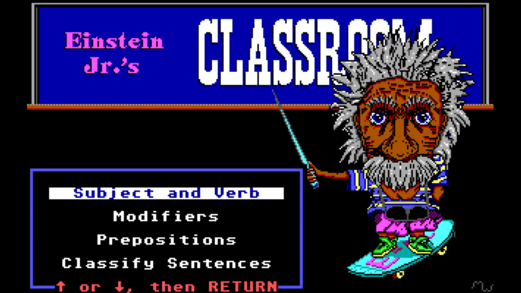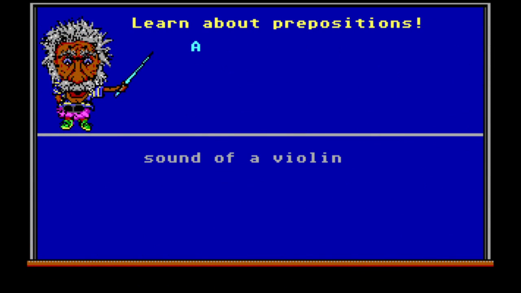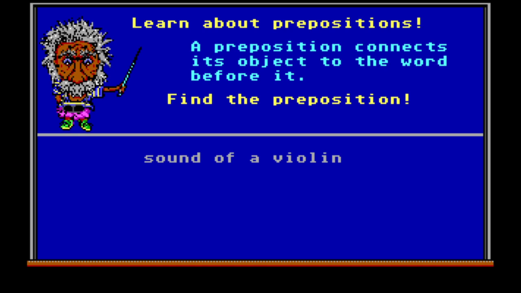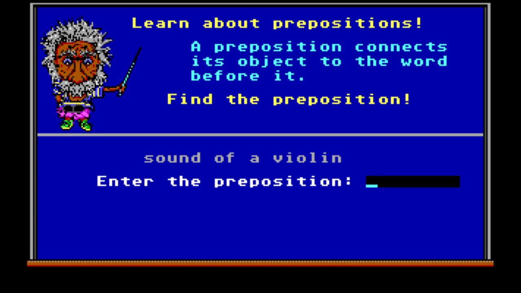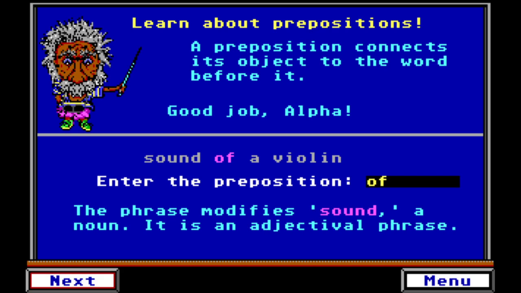All right. Prepositions. A preposition connects its object to the word before it. Of. What else is going on?